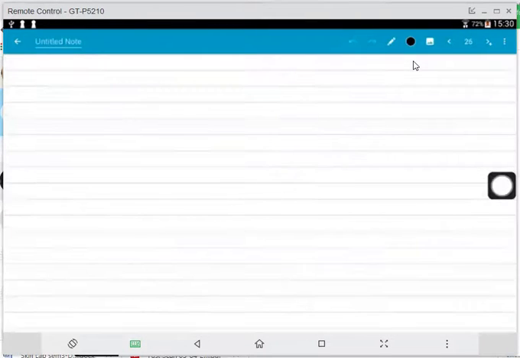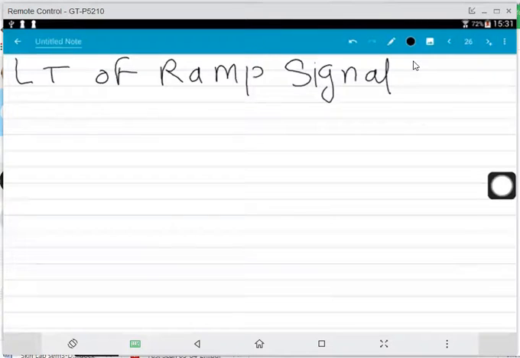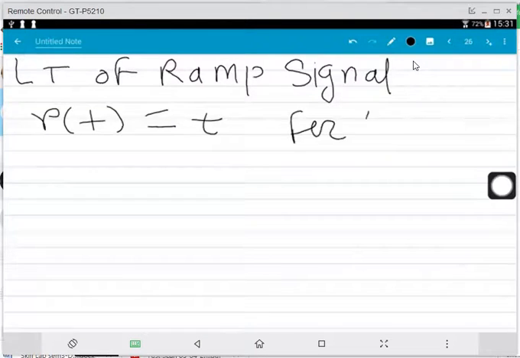After this, we will find out the Laplace transform of the ramp signal. The ramp signal is given by r of t is equal to t for t is greater than or equal to 0, and it will be 0 otherwise.